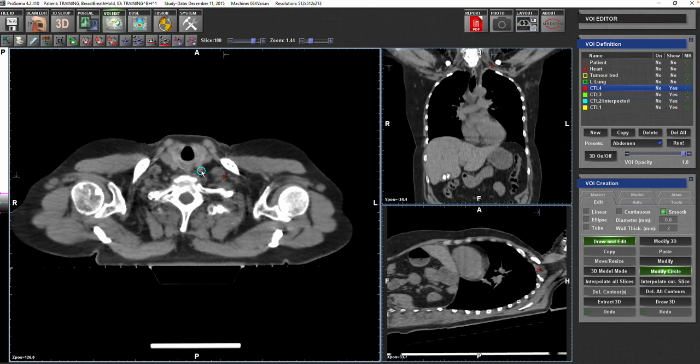You will need to familiarize yourself with the carotid artery, or the internal carotid artery, and the jugular vein as well.